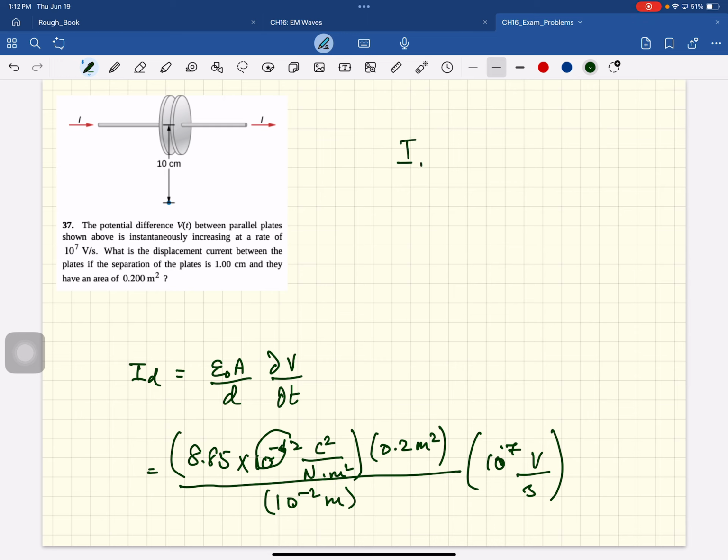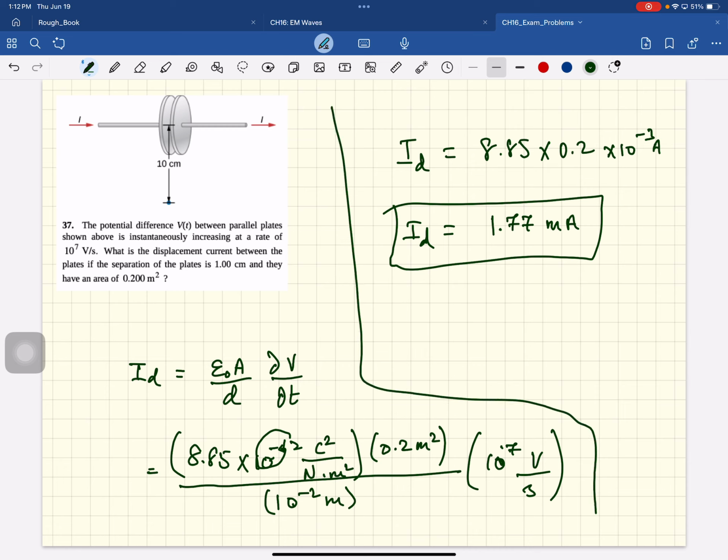So the displacement current is 8.85 times 0.2 times 10 to the minus 3 amps, which is about 1.77 milliamps.